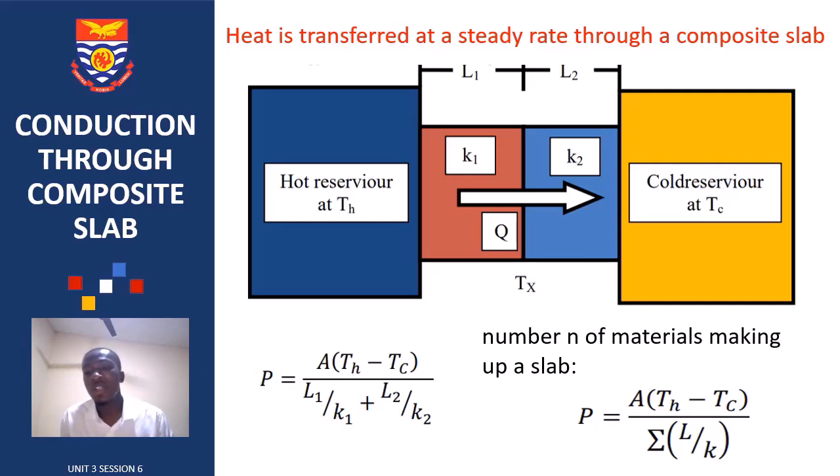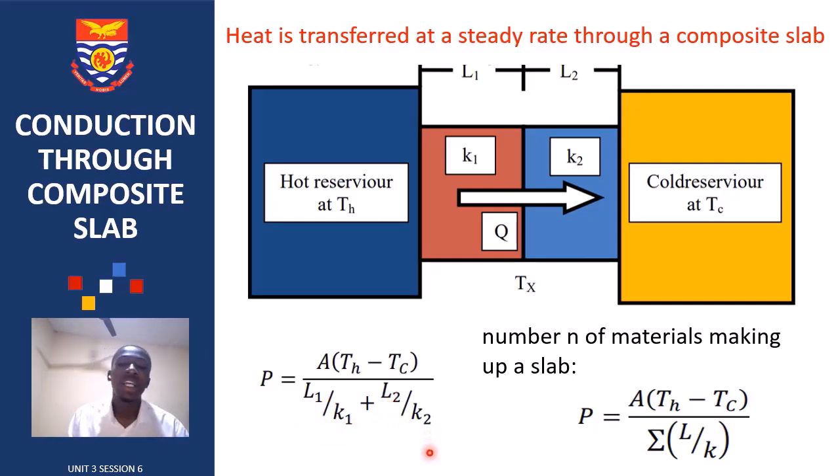Each surface of the slab has an area we can term A. From here, we can find the rate of heat flow P for slab 1 and for slab 2. Combining them, we get the rate of heat flow P equal to A times (Th minus Tc), all divided by L1 over K1 plus L2 over K2.